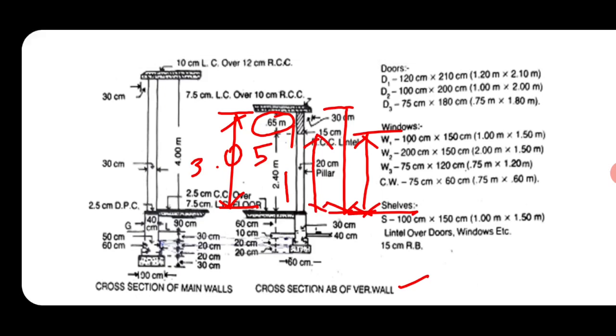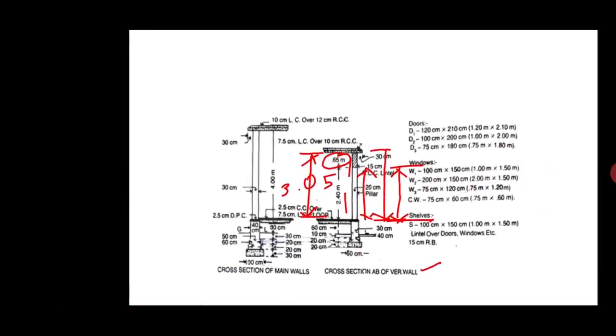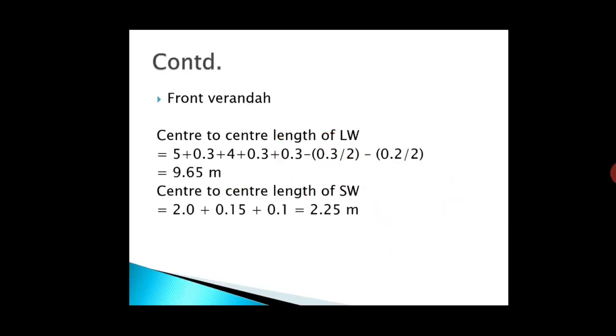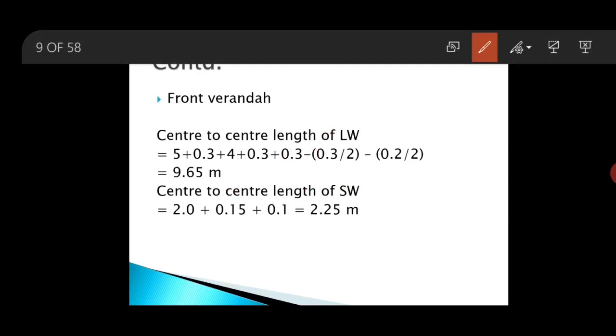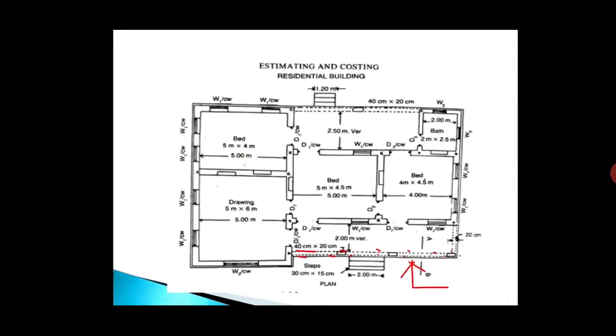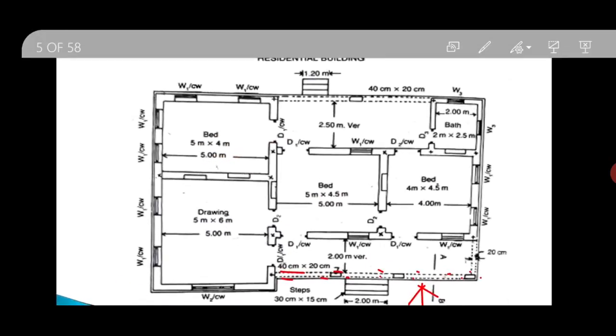So here we will consider first the front veranda as solid. The center to center length of the front veranda is 9.65 meter.